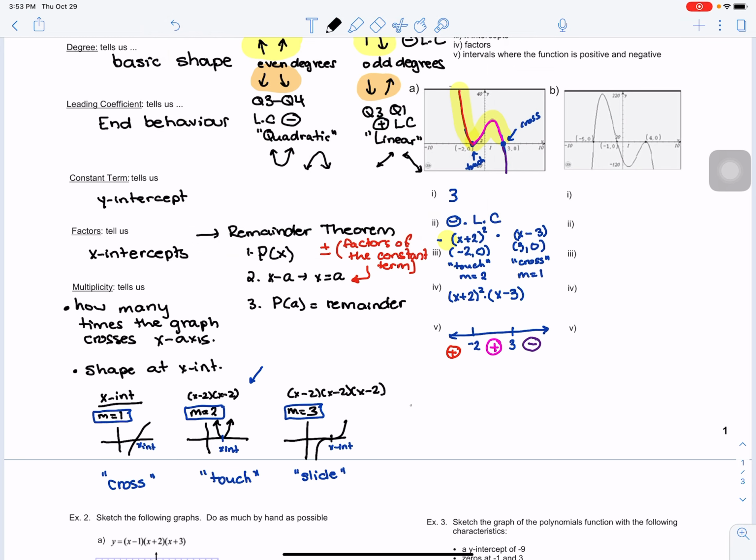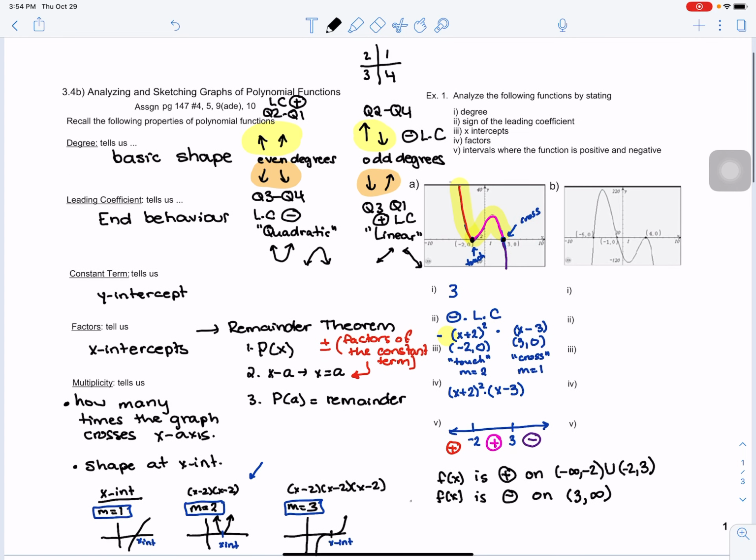So my function f of x is positive on the interval minus infinity to minus 2, open bracket, because at minus 2 it's equal to 0, and then union minus 2 to 3, because at x equals minus 2, it's not even positive or negative, it's just 0. f of x is negative on the interval 3 to infinity. And again, I don't want to include 3 because at x equals 3, I'm exactly 0.